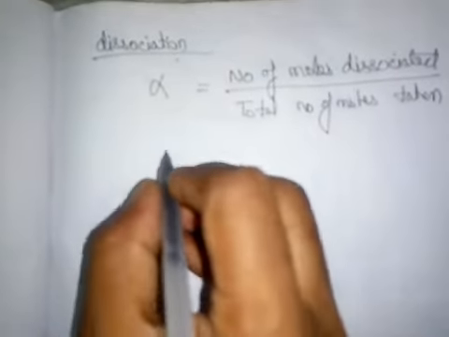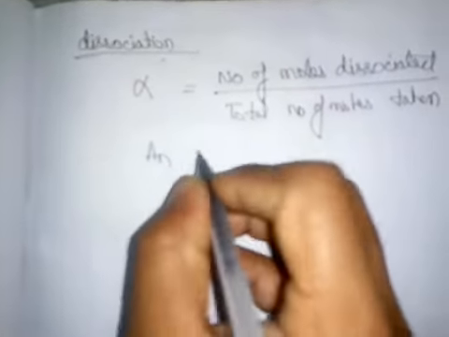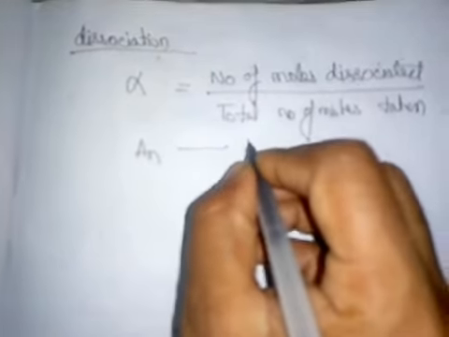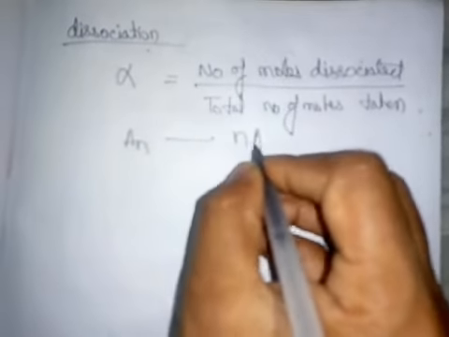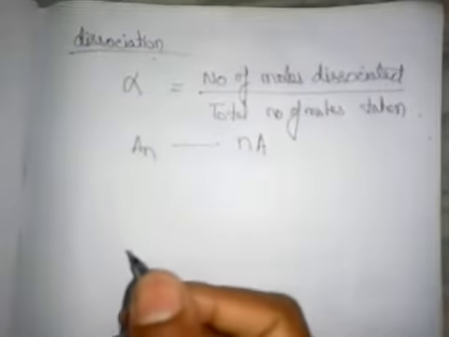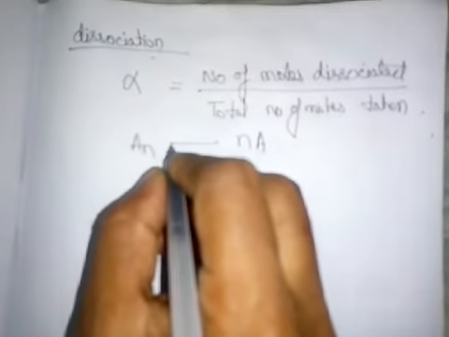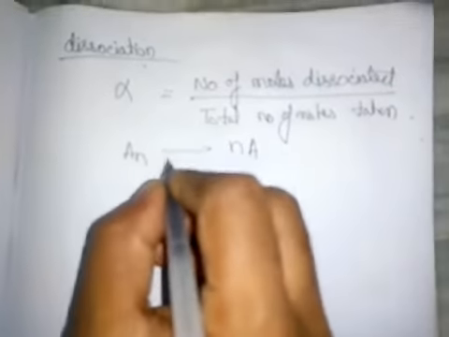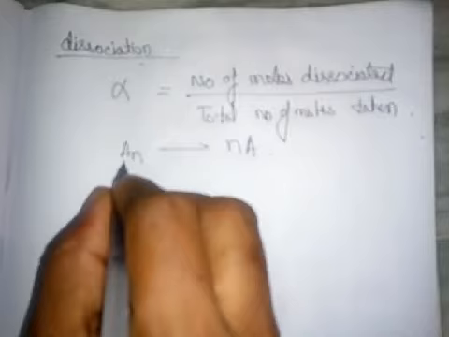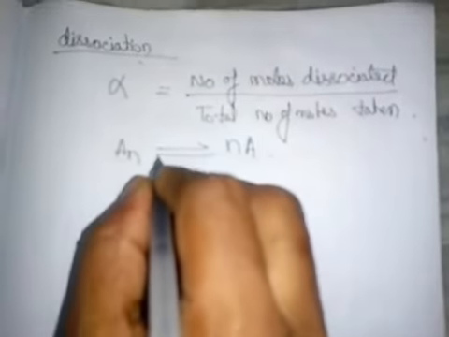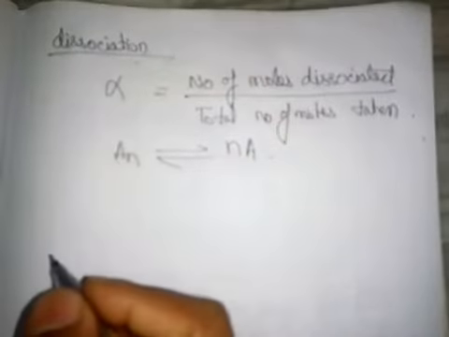Suppose a molecule A_n dissociates to form n number of A. Now, an equilibrium is set up between the molecule and the total number of molecules formed.